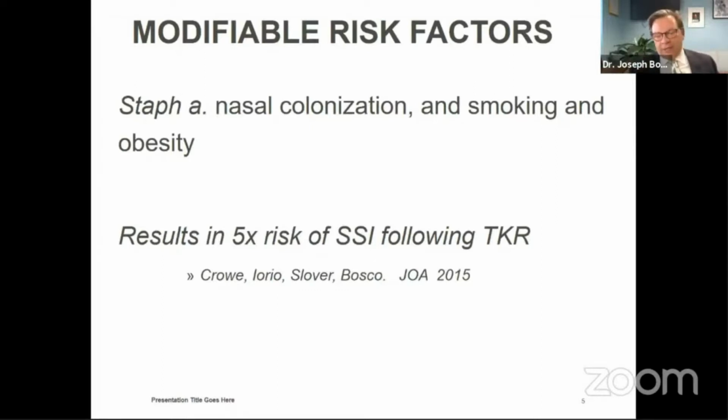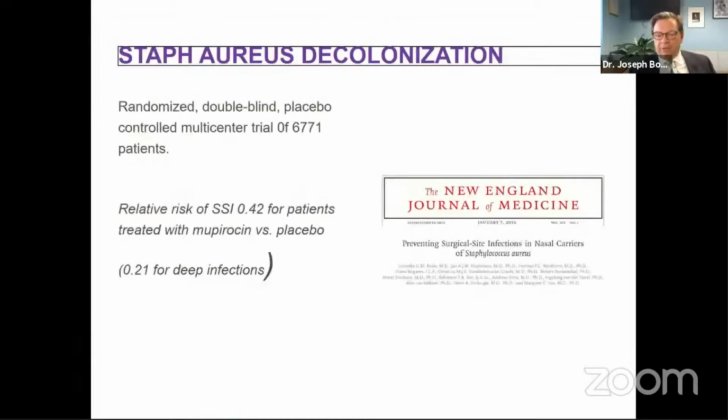But that's for all your patients, it's not for that patient, right? And that patient that you're talking to is making the decision whether to have surgery based not on what your total infection rate is for 3,000 patients, but what their risk would be. If they're young and healthy, their infection rate's probably low. If they're older, it's higher. And if they're obese. So we think that Staph aureus decolonization is very important in decreasing infection.